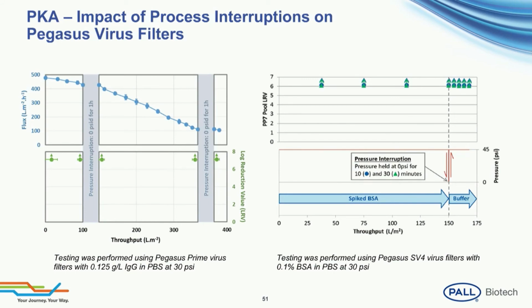The data clearly indicates that even after the extended stop duration, the filter continued to retain PP7, demonstrating the robustness of this new generation virus filter. On the right hand side graph, the testing was performed using Pegasus SV4 virus filter with 0.1% PSA at 30 psi. The data demonstrate over 6 logs of PP7 clearance.